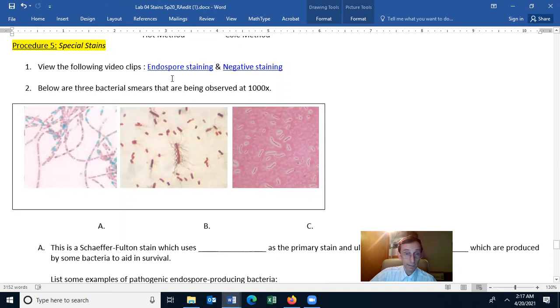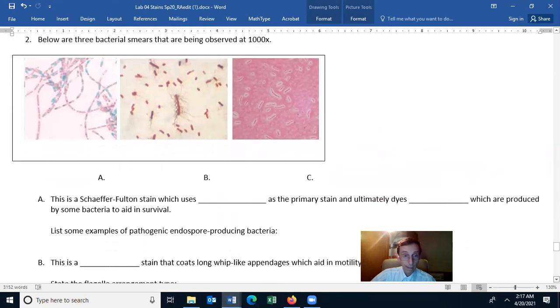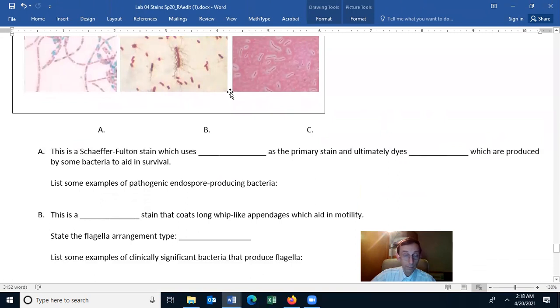We have videos on the endospore stain and the negative stain, so please watch those videos. And then here are 3 bacterial smears being observed. And then answer these questions, which are in regard to the 3 bacterial stains in the pictures, 3 pictures above.